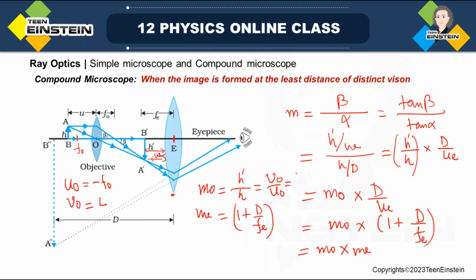So Vo will be L and Uo will be minus Fo, the focal length of the objective. So look here, this can be written as minus L by Fo whole into 1 plus D by Fe. This is actually the final magnification.